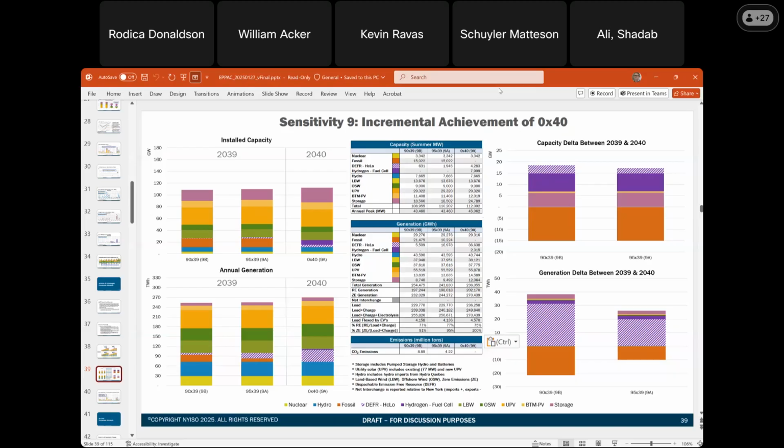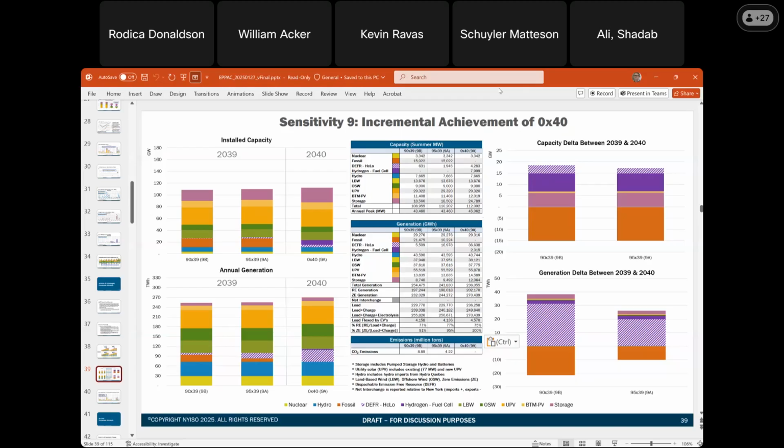What this is showing is that to get to 90%, you have to do a whole bunch of stuff, but to get from 90% up to 100%, that's the left side of these charts on the right, you need roughly 18 gigawatts of new capacity. But to go from 95 to 100%, 17 of that 18 gigawatts is just for that last 5%.